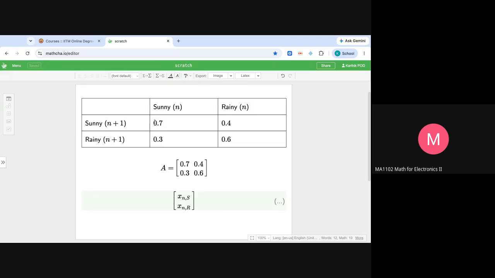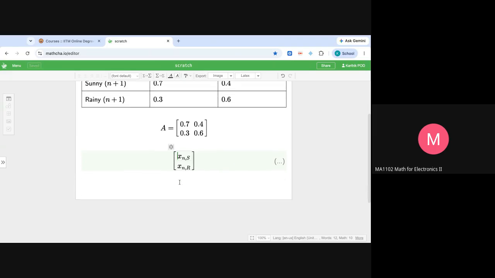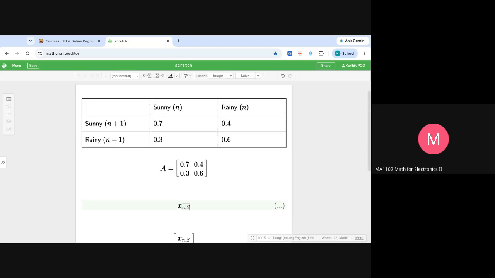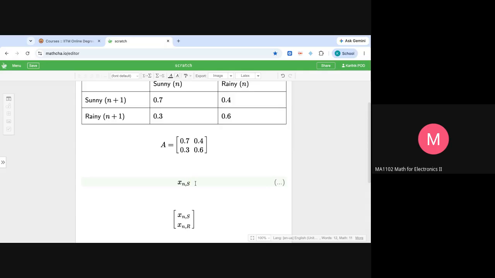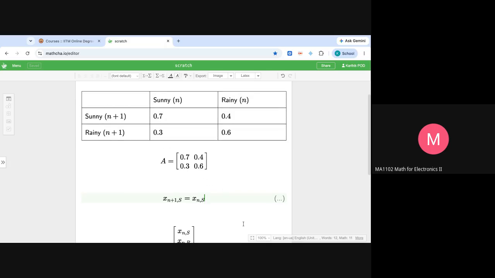Let us first write down these equations. There is a certain probability that it is currently sunny. You want the probability that it will remain sunny the next day, so that is what is on the LHS.